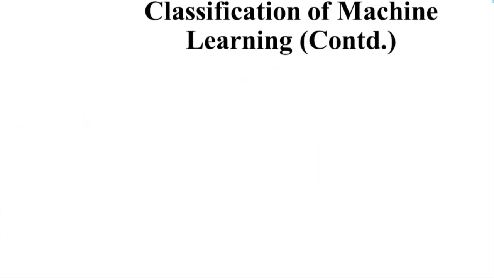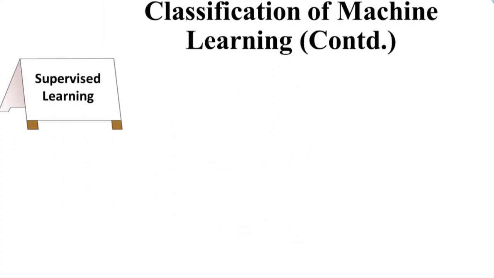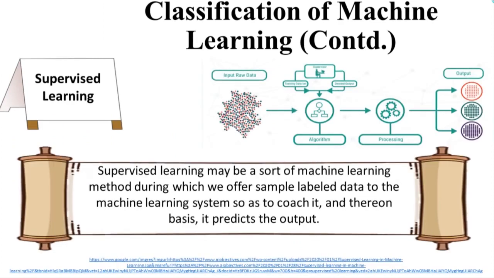Classification of machine learning: supervised learning. Techniques of supervised machine learning algorithms include linear and logistic regression, multi-class classification, decision tree and support vector machines. Supervised learning requires that the data used to train the algorithm is already labeled with correct answers.